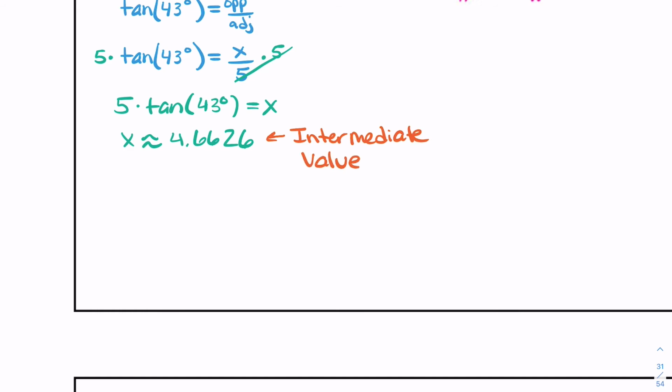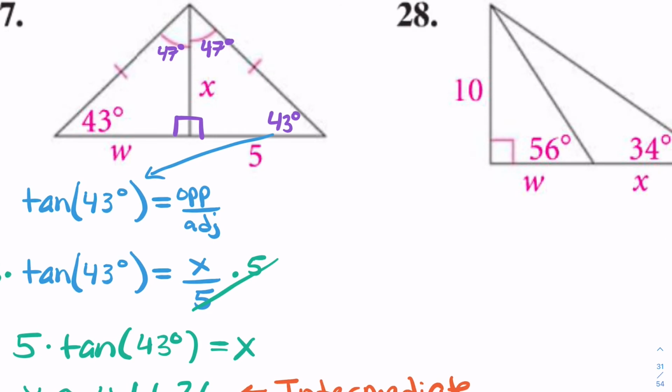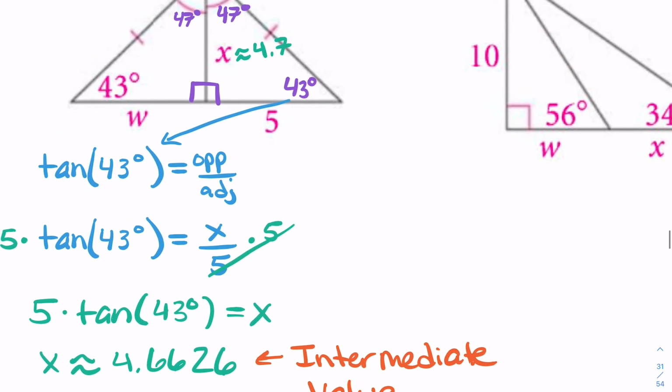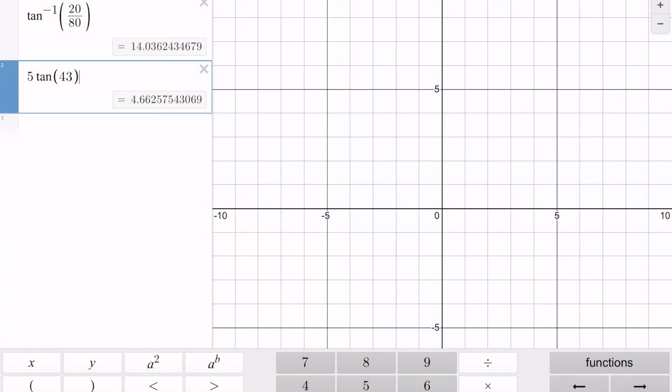It's called an intermediate value because we're now going to use this value and I just approximated it. So I want to keep it as large as possible. So I'm going to say this is 4.7, because I rounded it. However, when I go to calculate this next one, I'm going to work with 4.6626. What was it? 5.7.